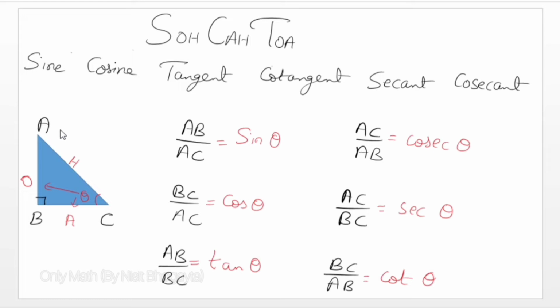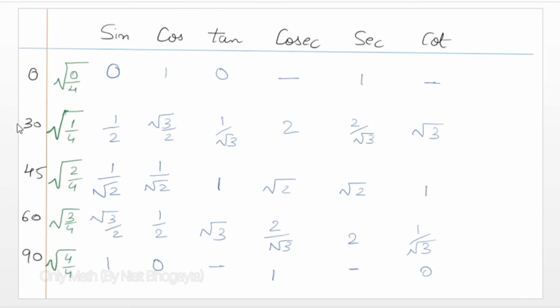BC over AC, and my cos of C will be again BC over AC, because for angle A, opposite is BC, but for angle C, my adjacent is BC. So that's the reason if you are finding sine of 30 degrees, that is actually your cos of 60 degrees. So that's how you can remember this. You write all the sine ratios, you just flip them and write it here.